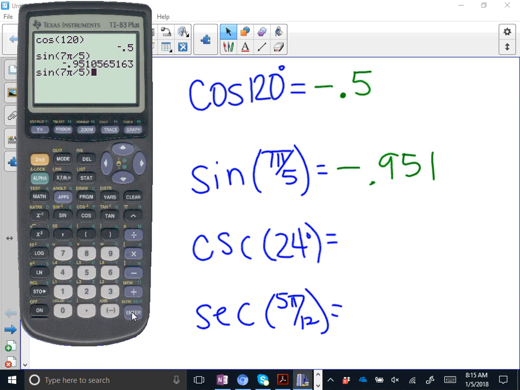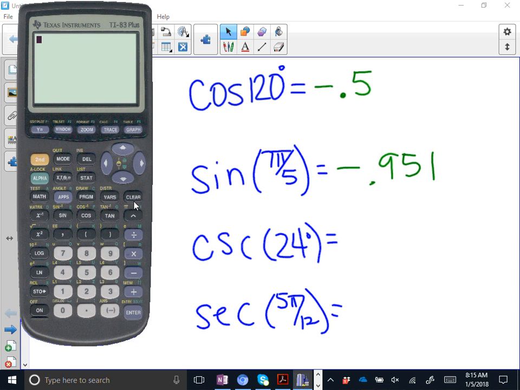You can use that to save some time. Or if now you need the sine of 6 pi over 5, you can bring back up what you typed in and change something. I know sometimes it can be a pain to type things in over and over again, so use some of those shortcuts to help you.